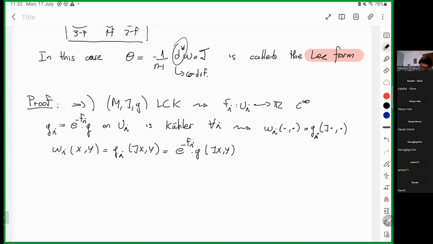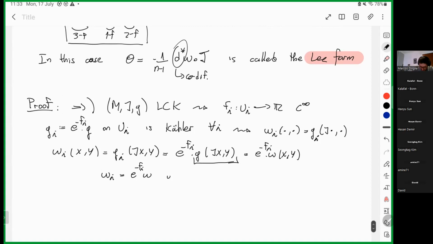But this is the definition of the fundamental 2 form associated with the metric g. So omega_i equals exponential of minus f_i times omega. So this omega_i is just a multiple of the original omega, but of course, this is just on U_i.